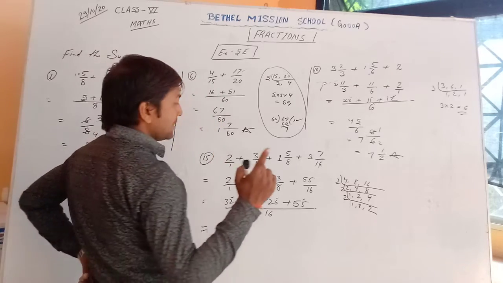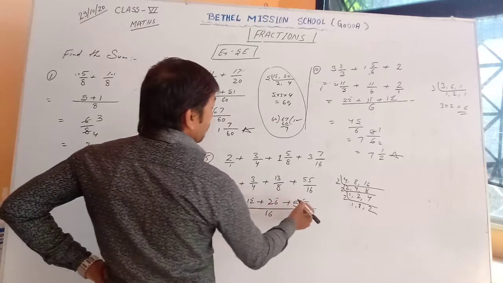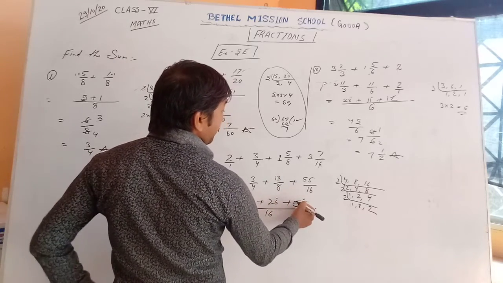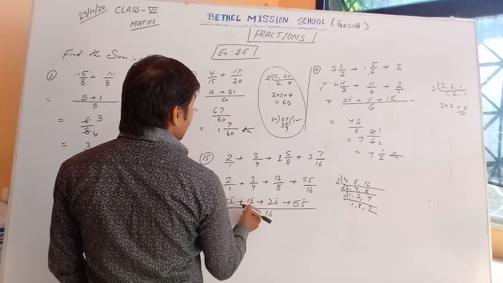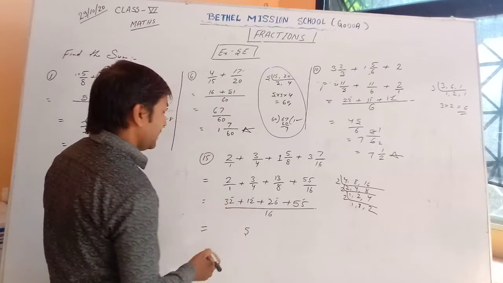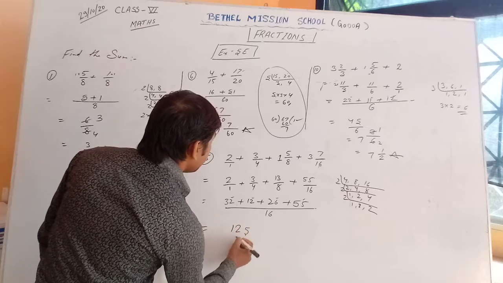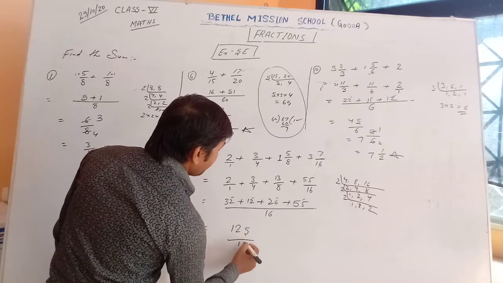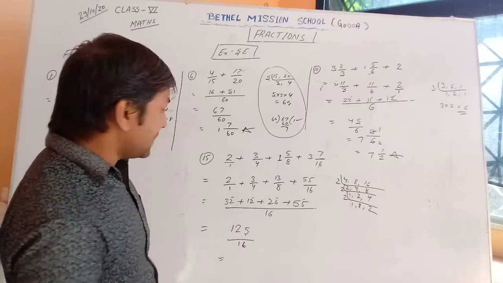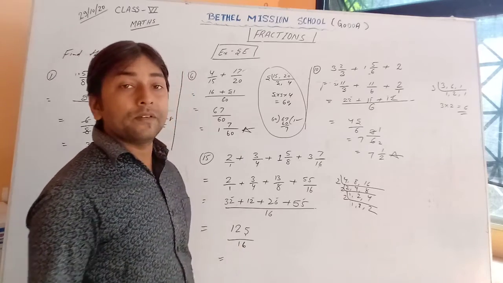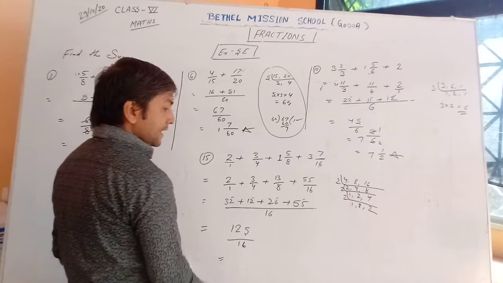And we have 1 plus 5, 6, plus 2 is 8, plus 1 is 9, plus 3 is 12. The numerator is greater than the denominator, so you have to divide by 16.